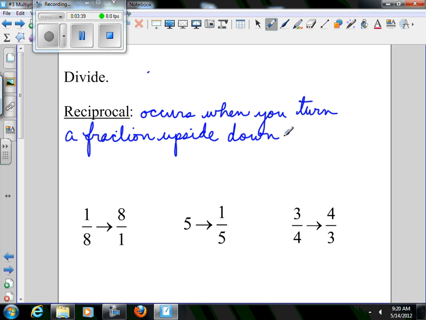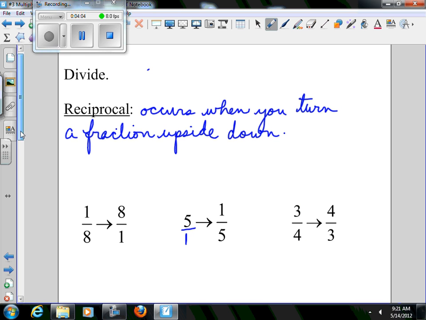That is essentially what you're doing when you find a reciprocal. So, for instance, the reciprocal of 1/8 is 8 over 1. If you want the reciprocal of a whole number, such as 5, change that 5 to a fraction by putting a 1 underneath it, and then flip it over, turn it upside down. So we get 1/5. 3/4, turn it upside down, it becomes 4/3.